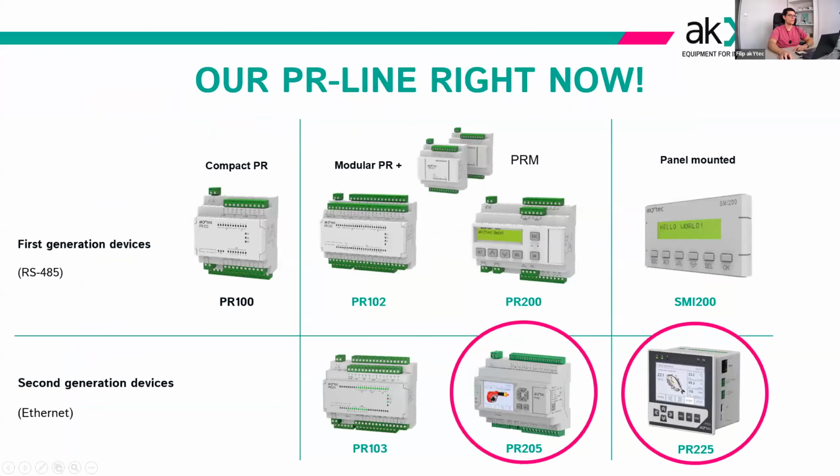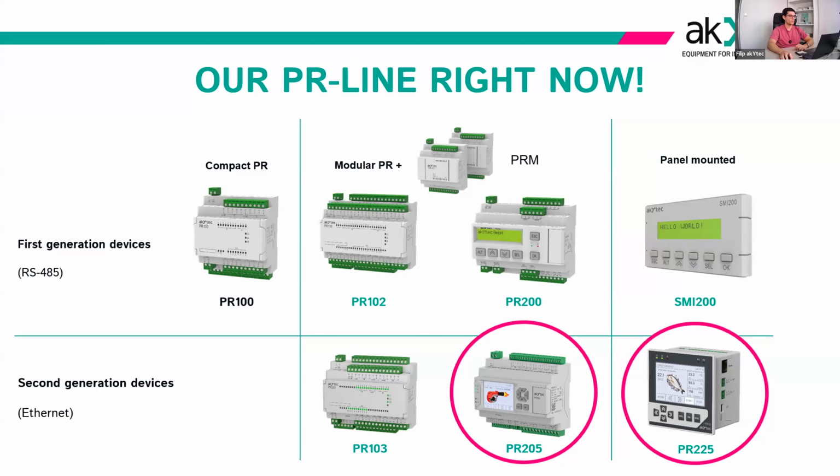Okay, let's see how our PR family is organized. So we divide our devices into three main types: compact PRs, for example, PR100. These are standalone controllers with fixed inputs and outputs on the board, and you can stack them with our modules.